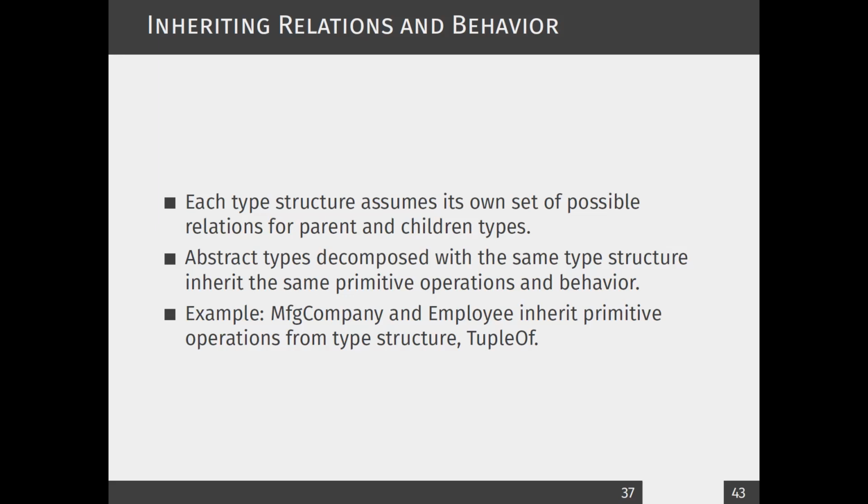If you look at the example that we have seen earlier, manufacturing company and employee, and their inherent primitive operations from the type is tuple of, could be one of the primitive operations.